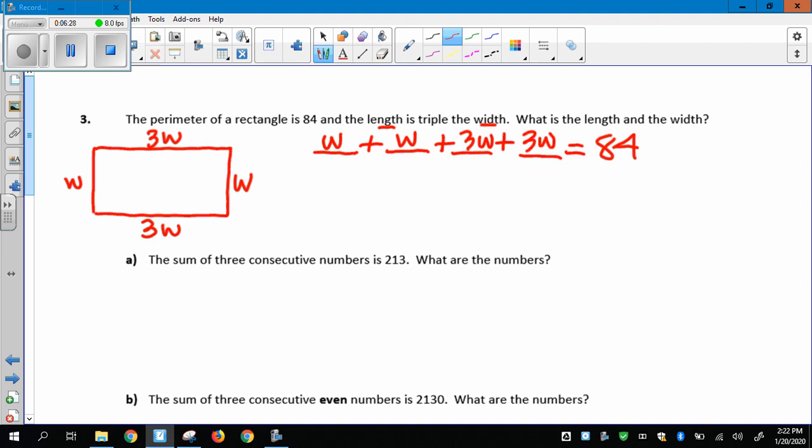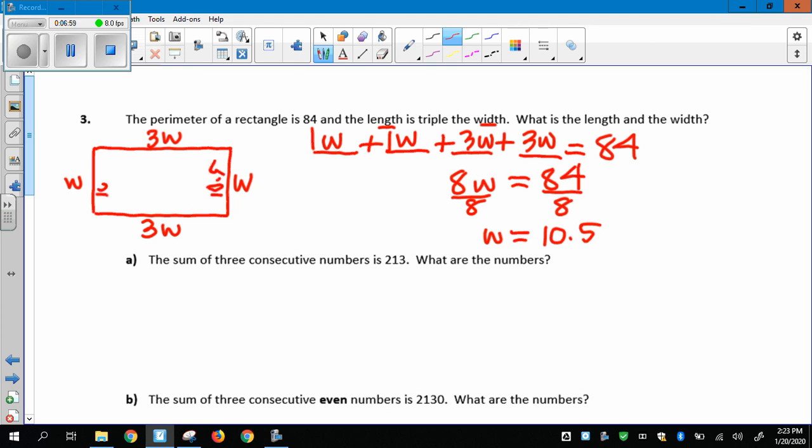And so I definitely can simplify these. These are all like terms. So I have 1W, 1W, 3W, 3W. 1 plus 1 plus 3 plus 3 is 8. 8 times W equals 84. Dividing by 8, I get 1 width equals 84 divided by 8 is 10.5. So I now know that this width is 10.5.